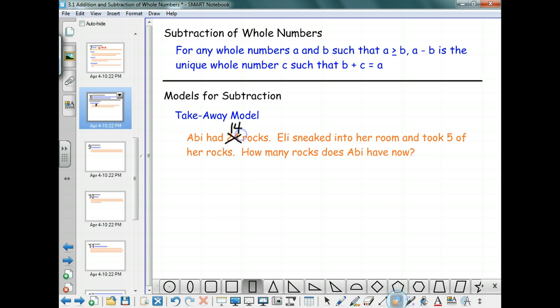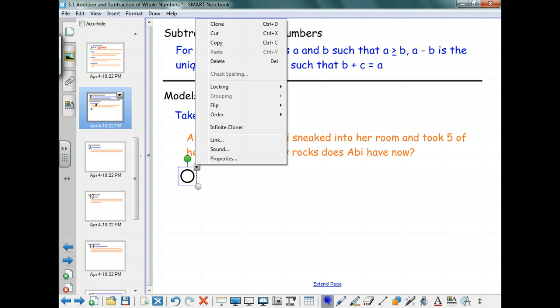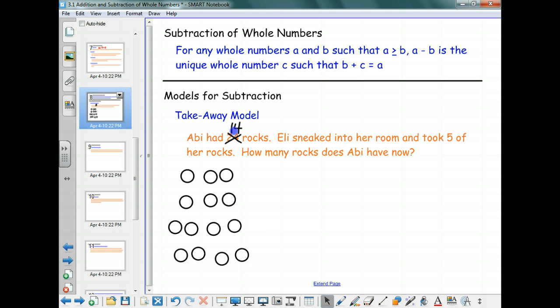All right, so I'm going to draw some rocks. You are too. Your rocks will probably draw much faster than mine. So I have 14 rocks. So the idea of this, or the image of this, is that I've got these 14 rocks in a set, and Eli sneaks into the room and he steals them.